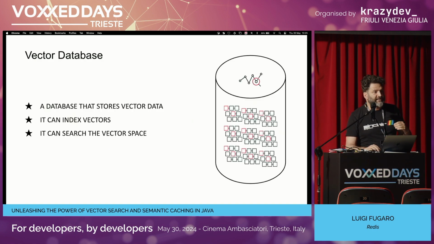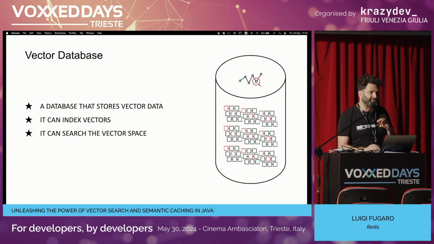However, now that I have my vector embeddings, I need something to store them. I need a vector database that can manage and persist that data and index those vectors, so I can apply queries and search for vector embeddings.